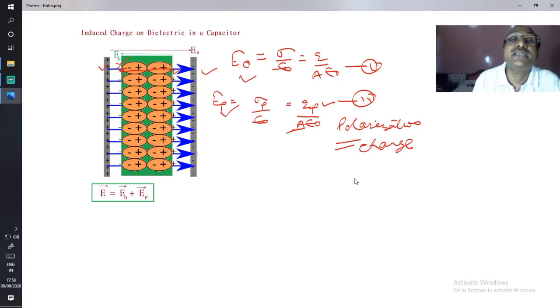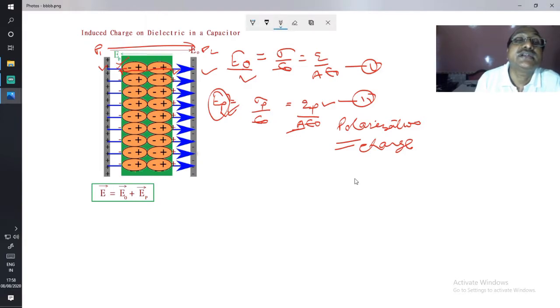EP and E naught are acting opposite to each other. The direction of E naught is from plate P1 to plate P2, whereas the direction of the electric field due to polarization charge is from plate P2 to plate P1.